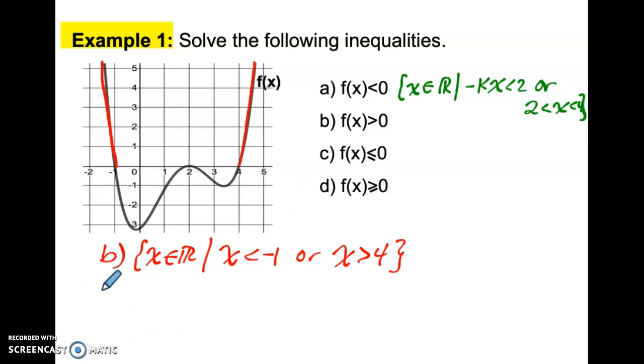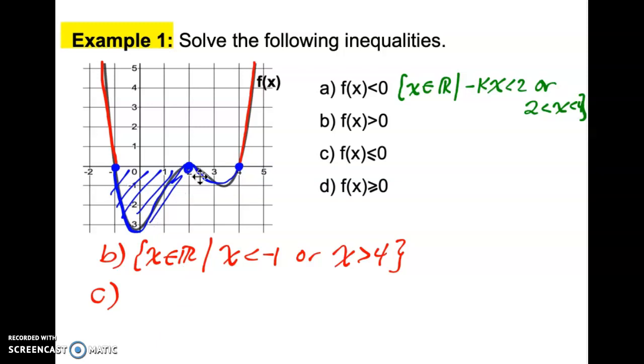Now for part C, this time it's saying when is f of x less than or equal to 0? So I'll do this one in blue. It's 0 at -1. It's less than 0 all the way along here. It's 0 at 2, so we will include that. That's less than 0 all the way to 4, which is 0, so we'll include that as well.